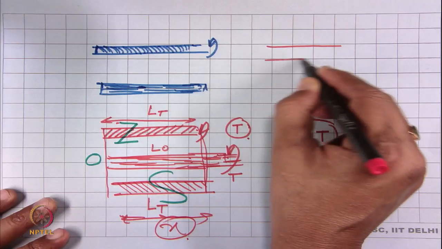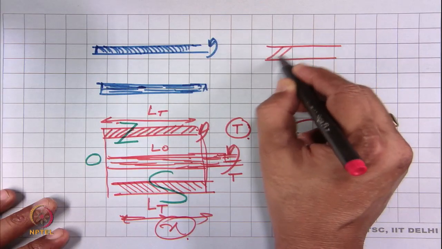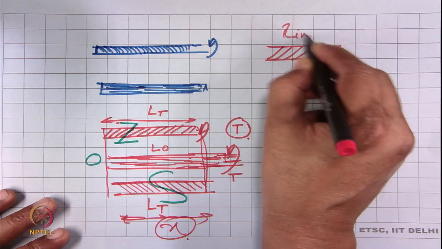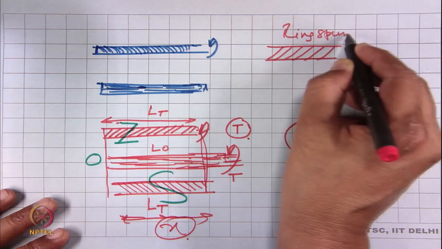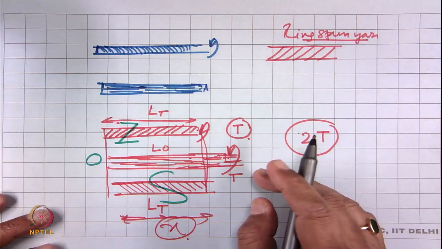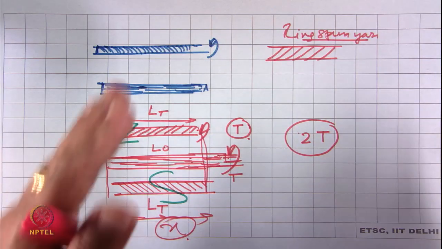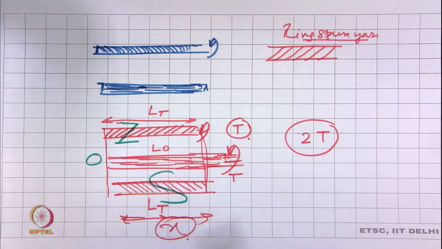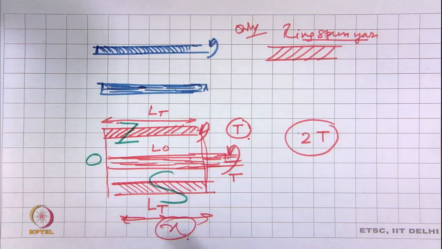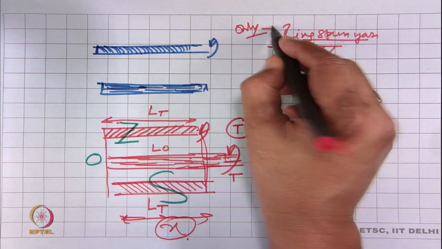We can use it mainly for ring spun yarn, and that too only for gray yarn, not for scoured or processed yarn, bleached yarn. Only for ring spun yarn does it give a correct, very close, accurate result.